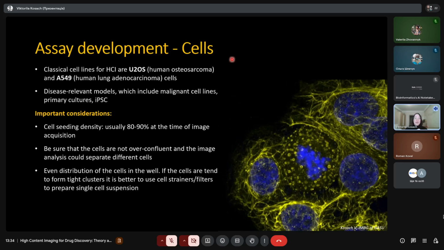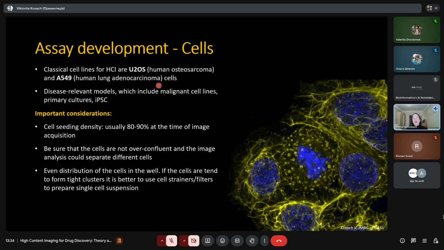For high content imaging, the most classical cell lines that are widely used, for theoretical studies more, let's say so, are U2OS, human osteosarcoma, and A549, human lung adenocarcinoma cells.